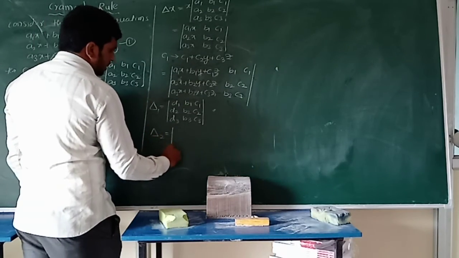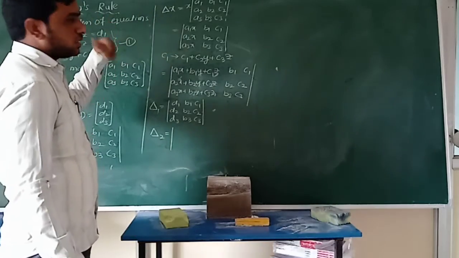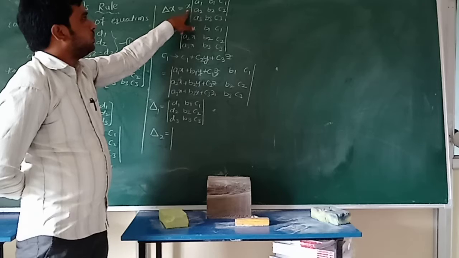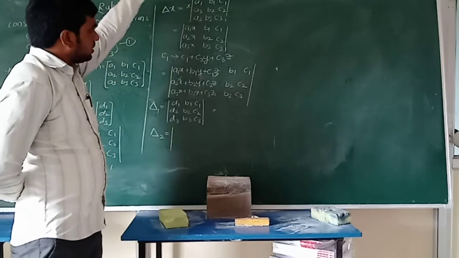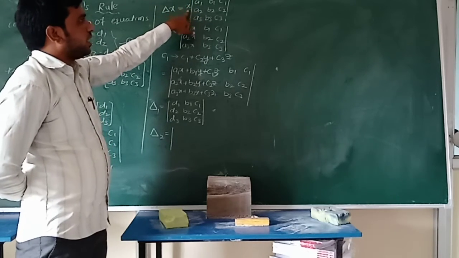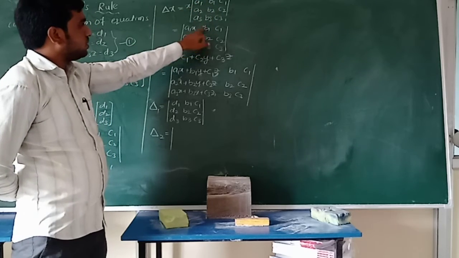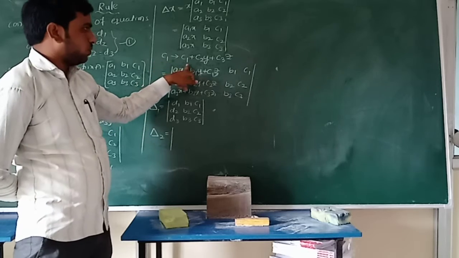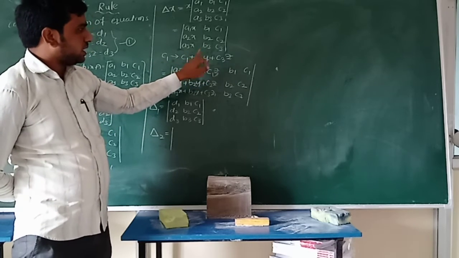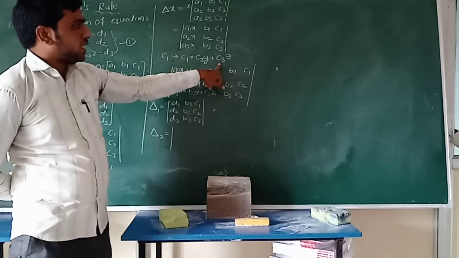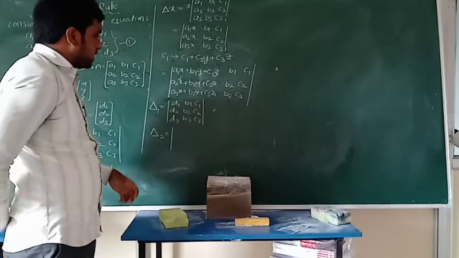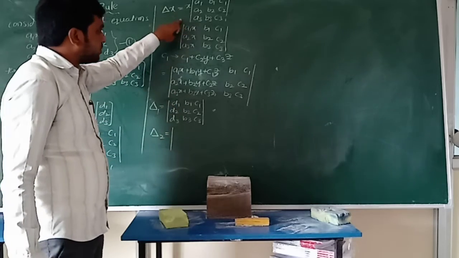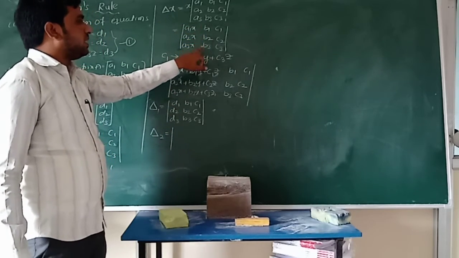Delta into y is equal to delta 2: multiply y with the second column, so this is b1y, b2y, b3y. Column 2 changes to column 2 plus column 1 into x plus column 3 into z. Just as we wrote d1, d2, d3 here, similarly, substituting y in place of x, we get b1y, b2y, b3y.